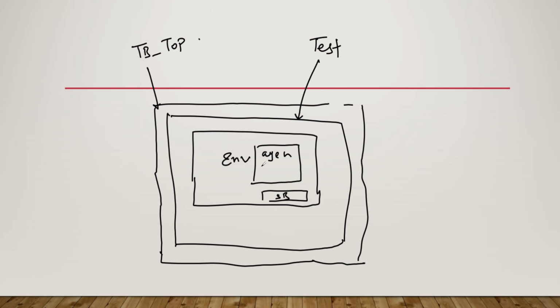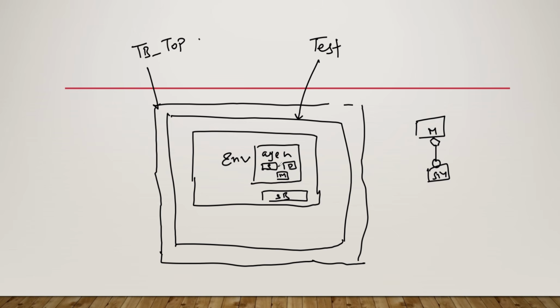Inside agent, you have multiple components, that is your sequencer, driver, and then monitor. Now your monitor and scoreboard are connected with each other. They are connected with analysis port. So this is your connection between your monitor and scoreboard.